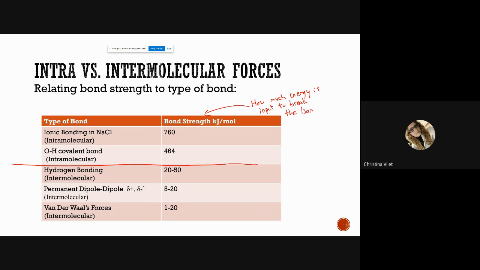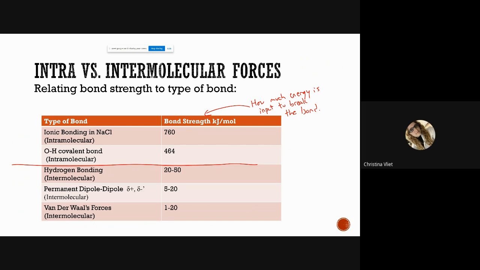So in order to separate sodium from chlorine, an ionic bond, to separate Na plus from Cl minus requires this much energy. In order to break an oxygen to a hydrogen in an OH covalent bond requires that much energy.